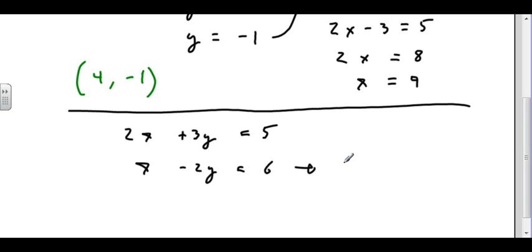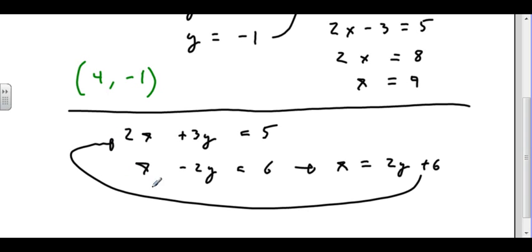I'm going to take this equation and say, well, gee, I've got an x standing by itself, so x is 2y plus 6, and I'm just going to plug that into this first equation. I'm going to say 2 times x, which happens to be 2y plus 6, plus 3y has to be 5.